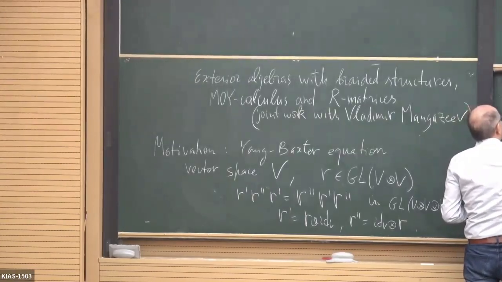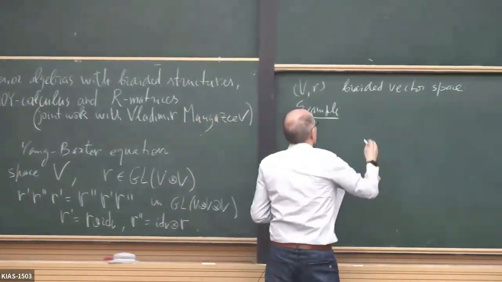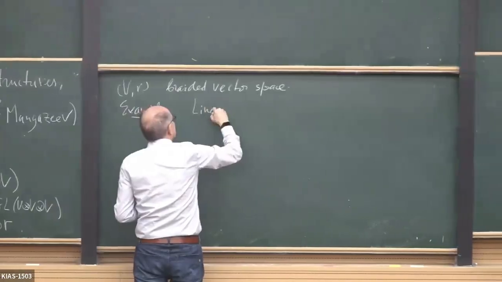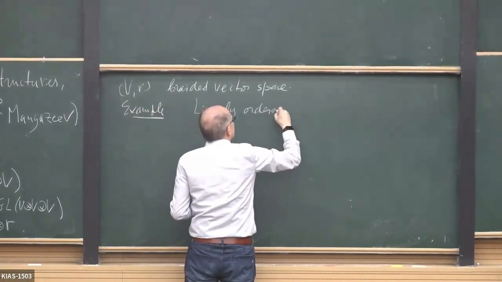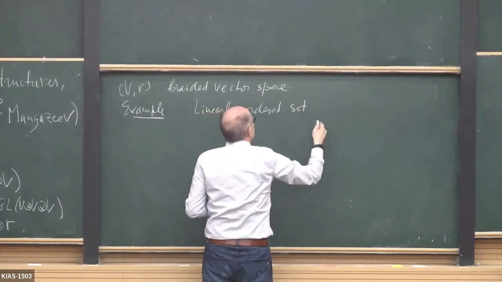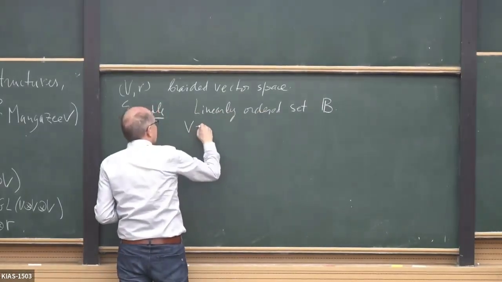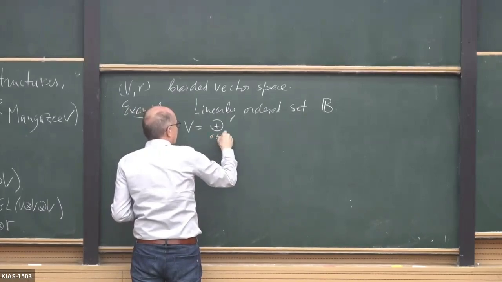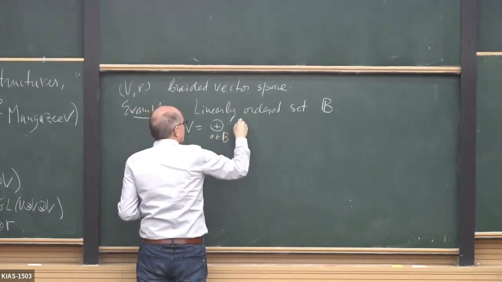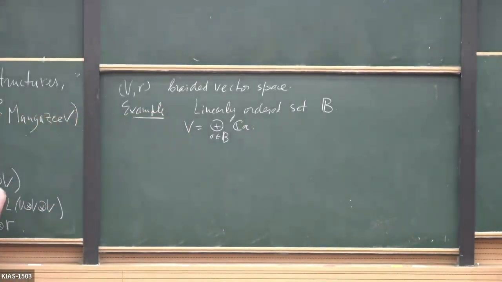An example which is important for today's talk. We take a linearly ordered set B, and we define the vector space as the direct sum of all A's in B, where B is just a basis in this vector space.